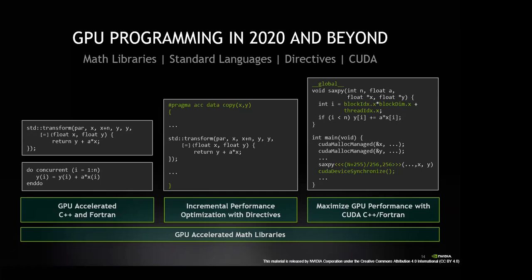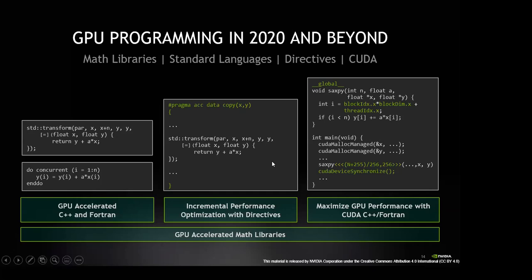The same with Fortran 2018, where you now have the do concurrent feature which has been added to the language, and which could be compiled and generate code for the GPU. So both are standard and could run on different parallel architectures, including GPU now.